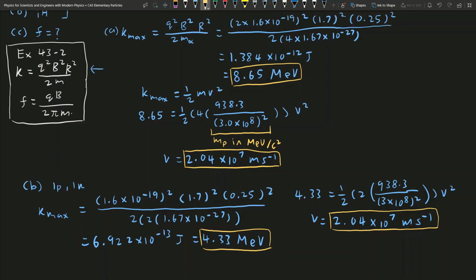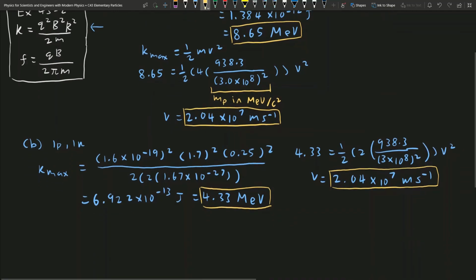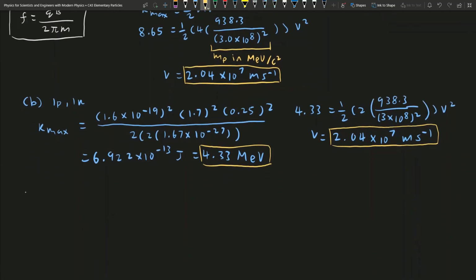Now we apply this formula for case C, which wants us to find this frequency. f equals qB over 2 pi m.